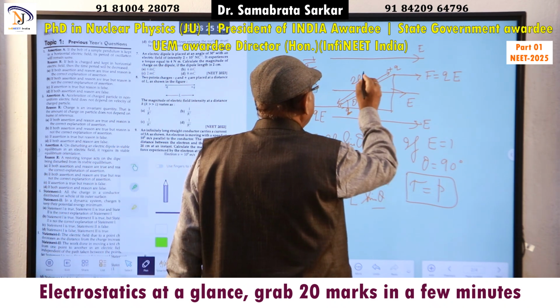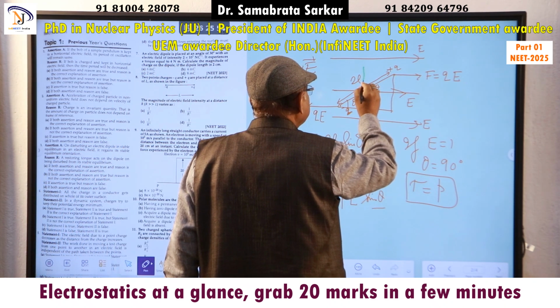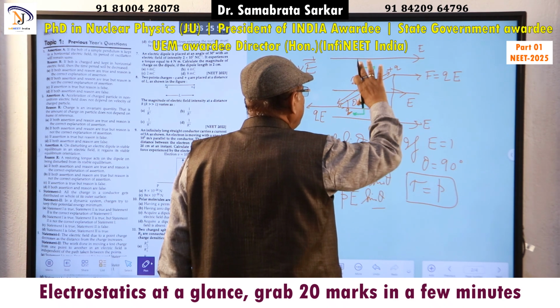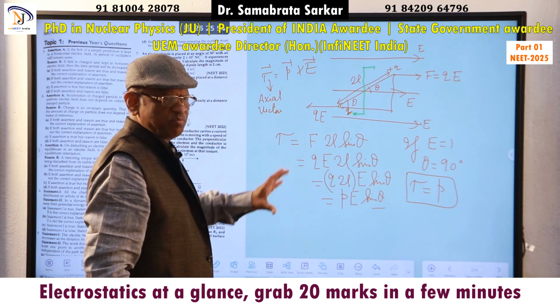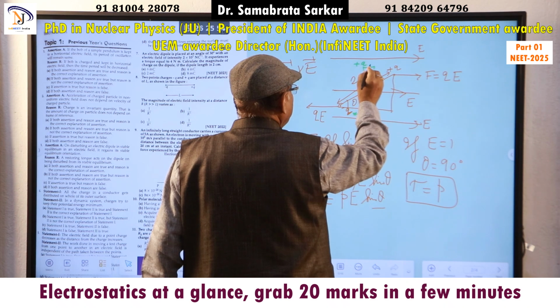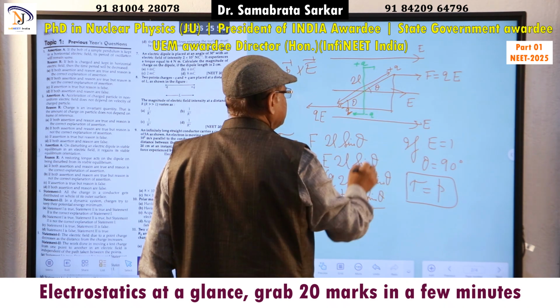When it is kept in this way, perpendicular to the field, the needle is placed, that is, it is plus Q and this is minus Q.